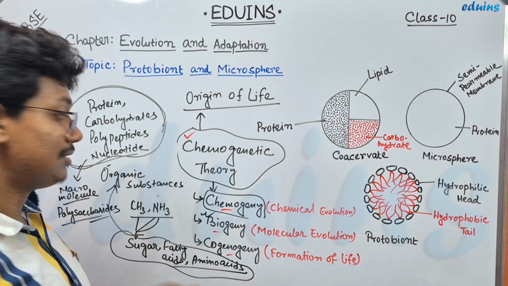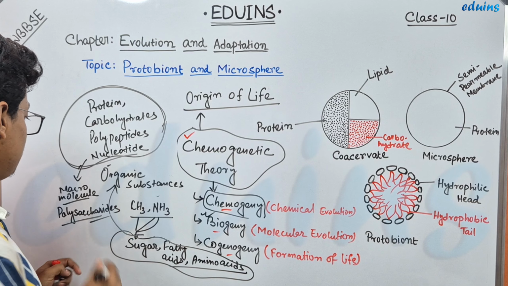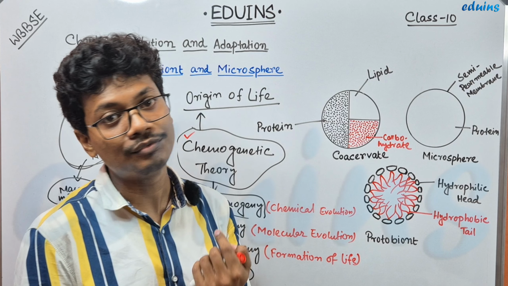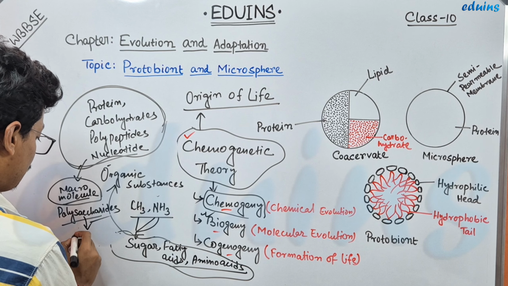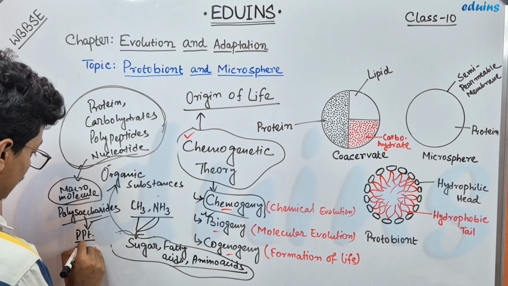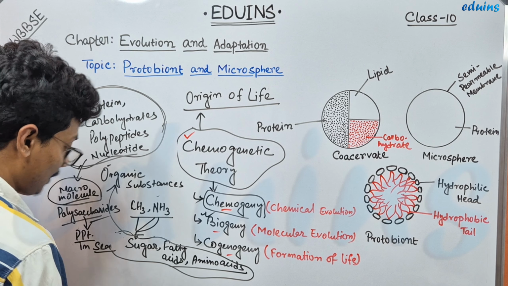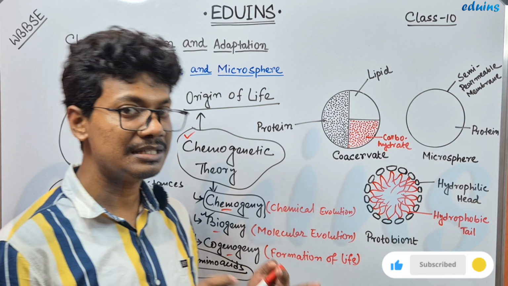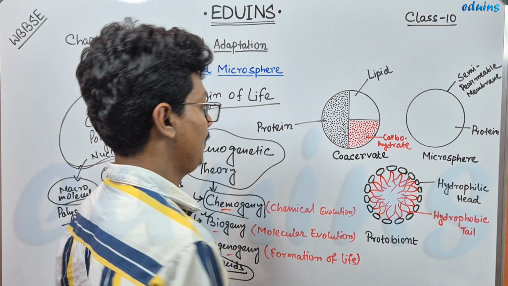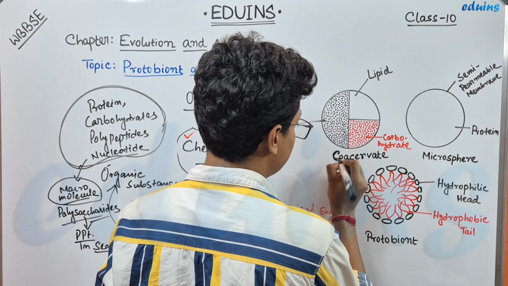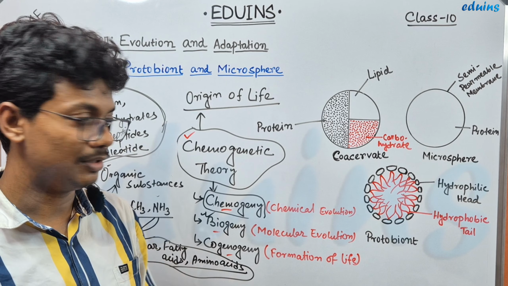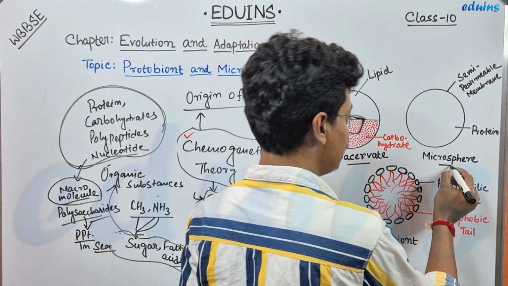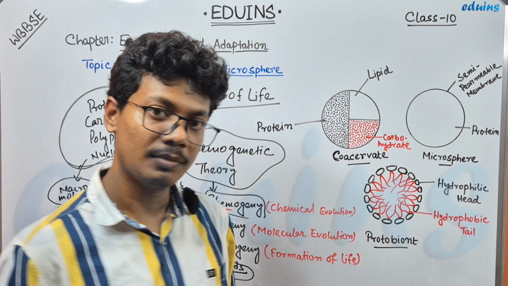And we know that life started in water. So these macromolecules precipitate in the sea, and after that the cell is formed. This is the theory. Here I have written three terms: coacervate, microsphere, and protobiont.